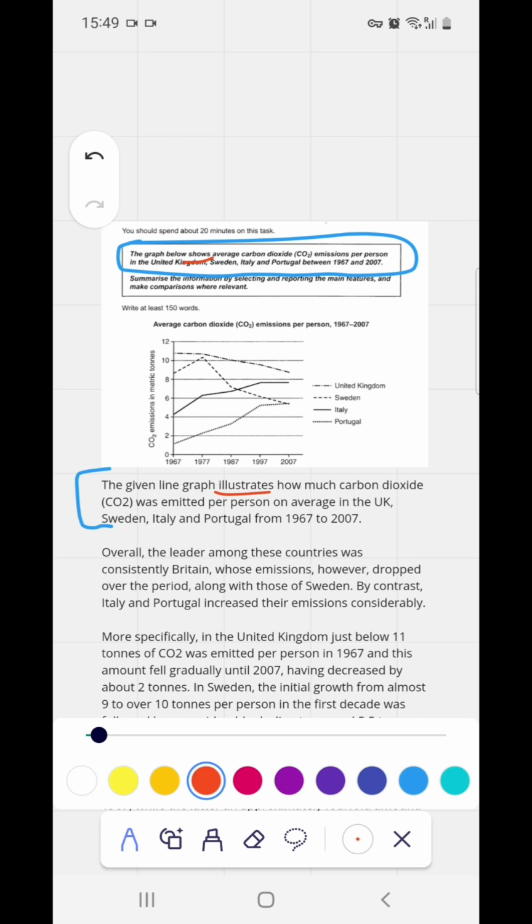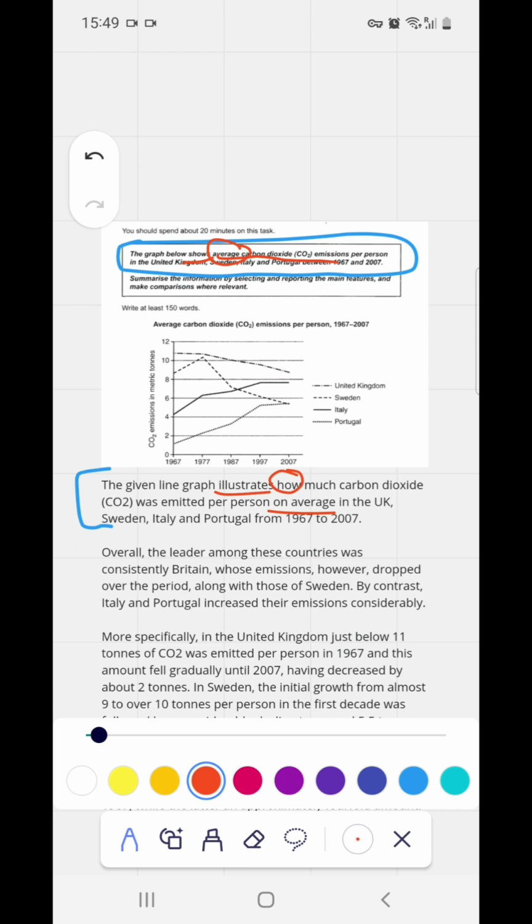This noun phrase, average carbon dioxide emissions, into a clause with how much carbon dioxide was emitted. So then average became on average.